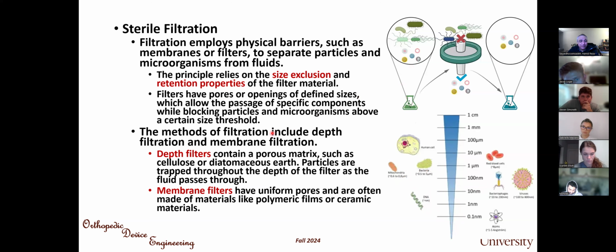with filtration. We have two kinds of filtration systems. One is depth filters and the other one is membrane filters. Membrane filters are thin, and they are usually formed by polymeric or ceramic material. But depth filters are like a porous matrix.